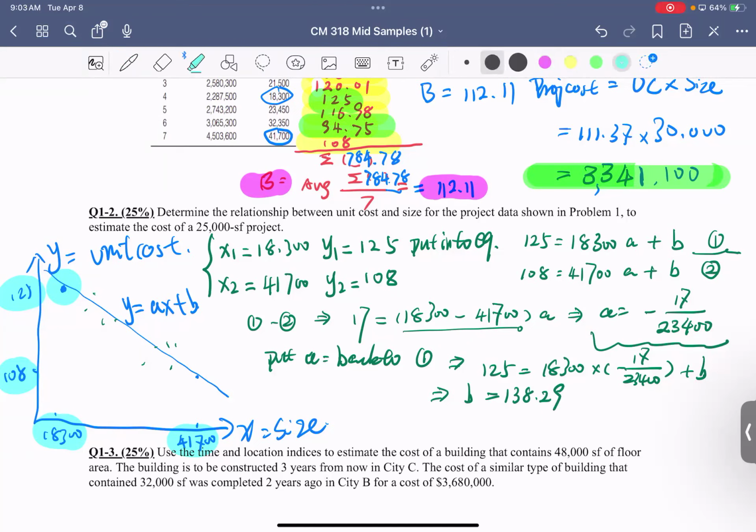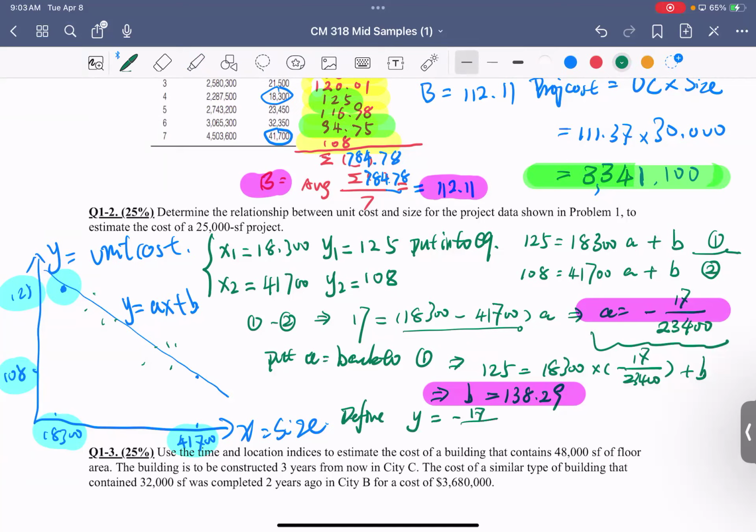Okay, now you have your B and your A, and then you can define your Y is equal to negative 17 divided by this 400 X plus 178.29. So now you know this intercept is 178.29.